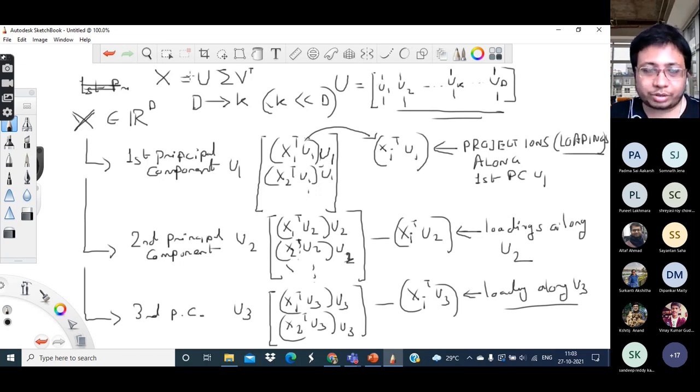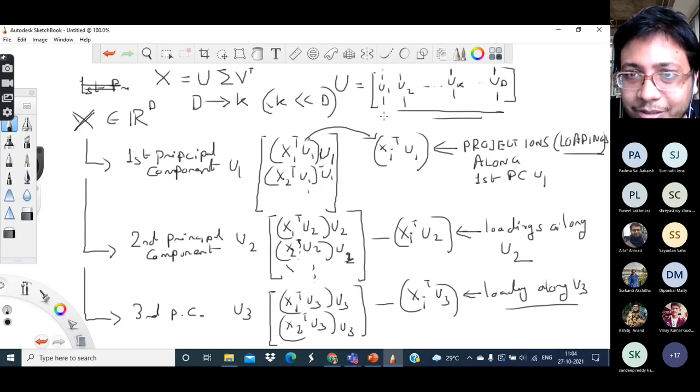Whenever you are given the data matrix X, you calculate its principal components in this way, and then you keep on projecting the data along the first principal component, then the second, third, etc. Sorry, the first singular vector is the first principal component, then the second singular vector is the second principal component, etc. And this you do till k. Now what is k? k is any dimensionality which you want.